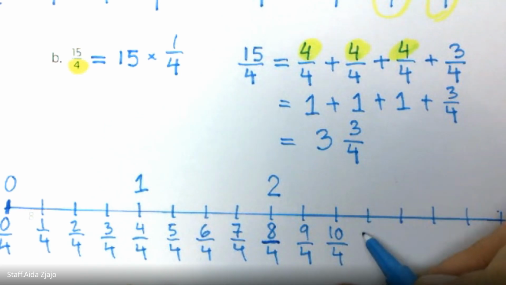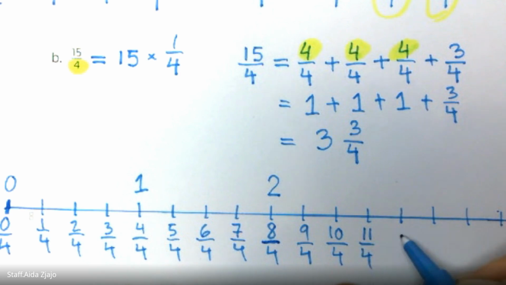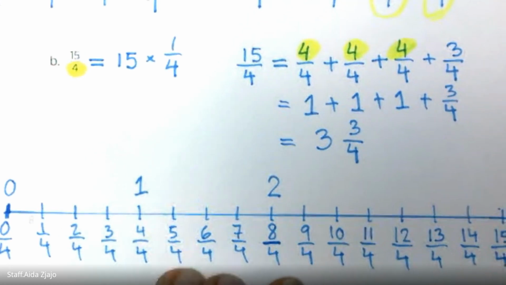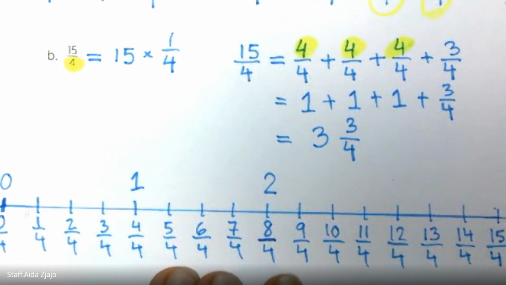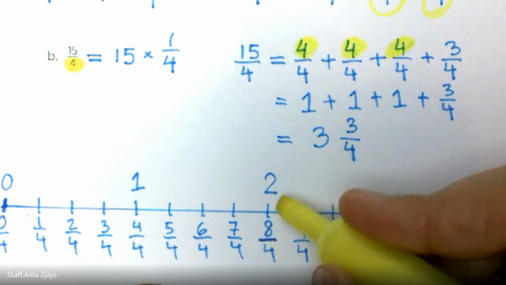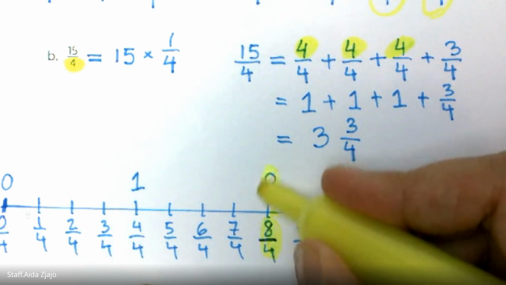9/4, 10/4, 11/4, 12/4, 13/4, 14/4, 15/4. I have here showing you 15/4, and if I look here, 8/4 makes 2 wholes.